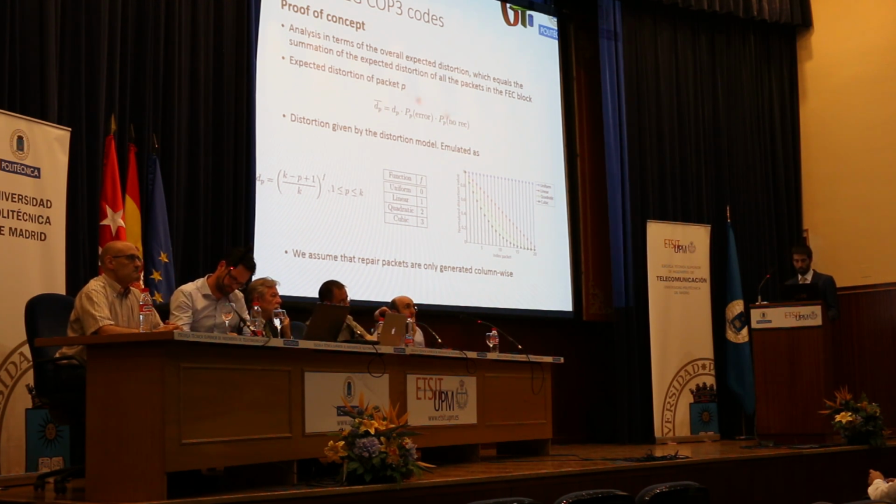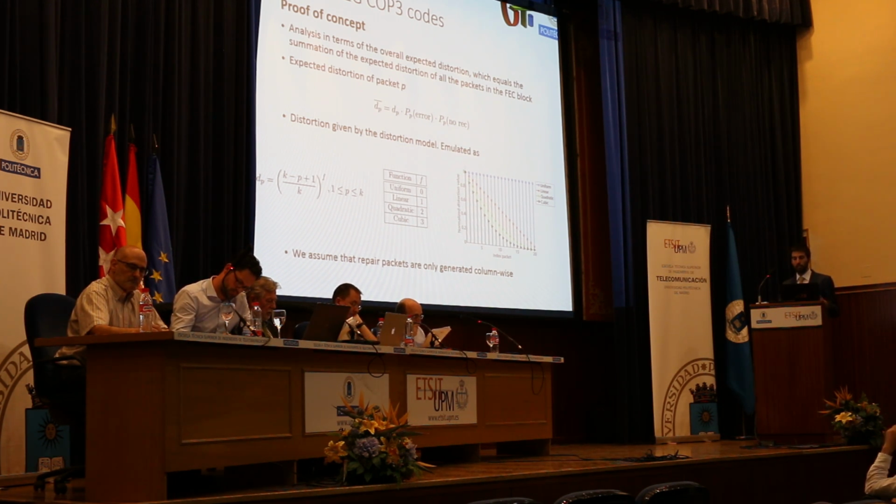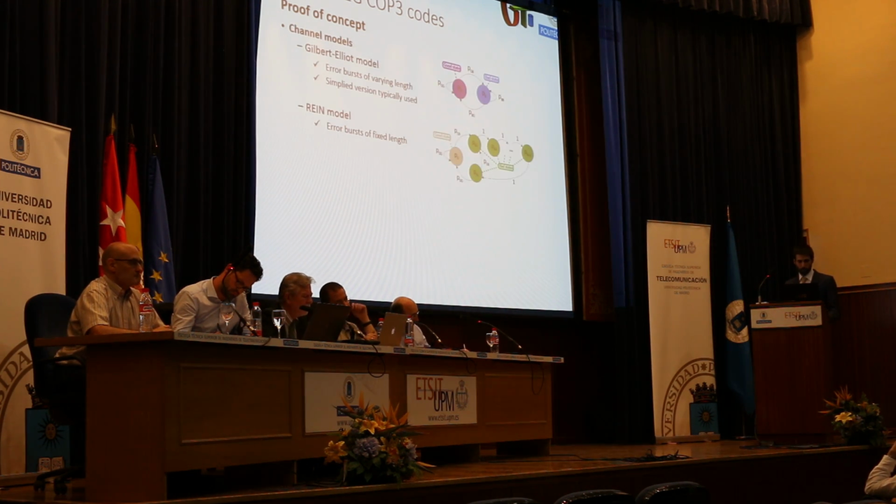Under these circumstances, it is more efficient to devote all the protection to create column-wise generated packets, and this situation allows for creating matrices with a greater number of columns and fewer rows, which is more convenient.